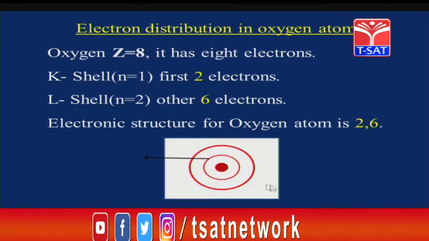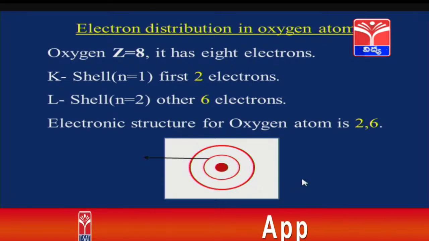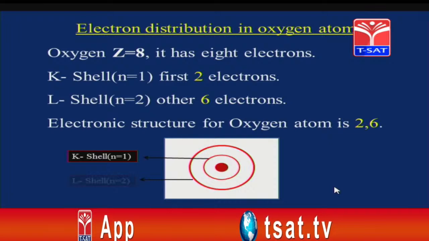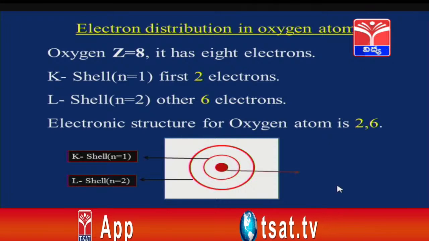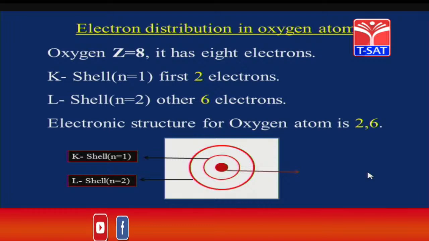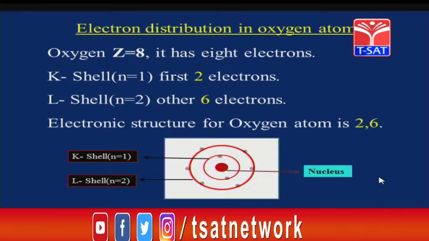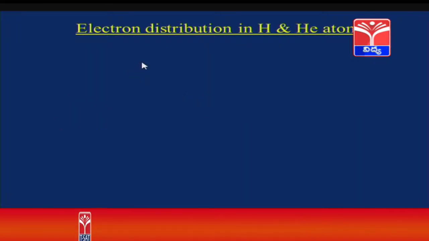In the oxygen atom, around the nucleus 2 shells are there. The first shell is K shell. In the K shell, 2 electrons are accommodated and the next shell is L shell. The remaining 6 electrons are accommodated in L shell. And we will discuss some other elements' electron distribution.